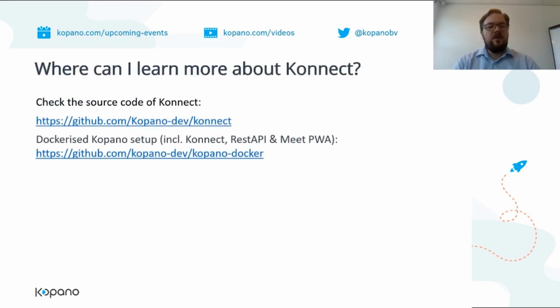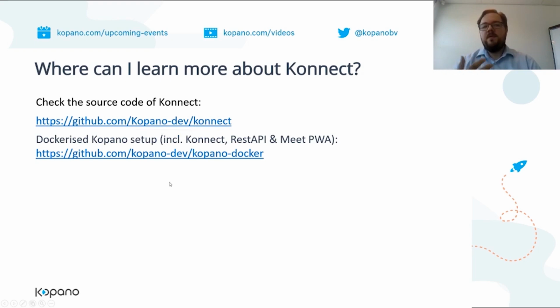And then we're already at the end of our small webinar for today. If you want to learn more about Konnect, you can find the source code in our GitHub account, github.com, and there you will find the user Kopano-dev/Konnect.